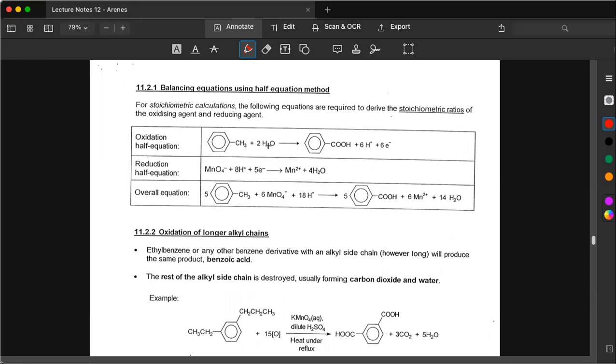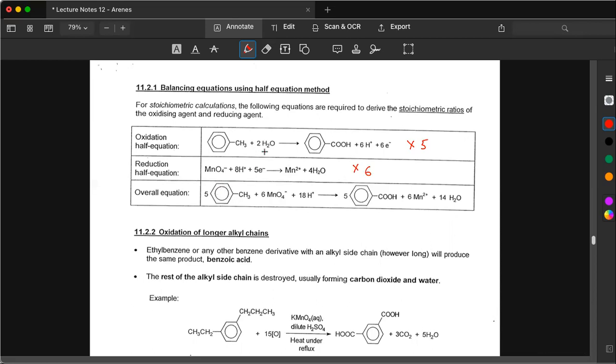Then you just add these two together by balancing the number of electrons. So to combine these two, you times 5 here, and you times 6 to balance the electrons to be 30, which explains why you have 5 here.